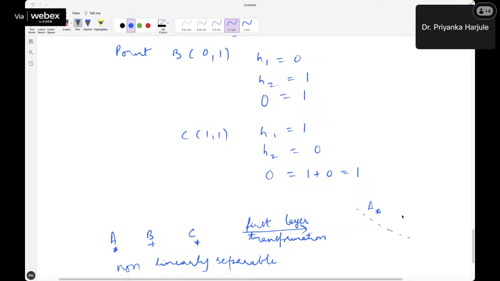So A is star, B is plus, and C is star class. This is a linear separation that has happened with the first layer of transformation itself. So let me draw it. This is what the activation function does.